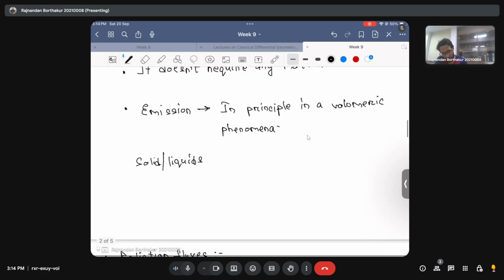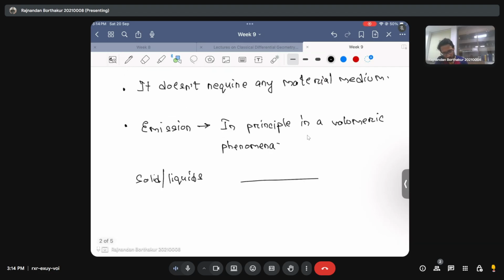Okay, but in solids and liquids, let's say we are talking about a solid of interest, the emission from the molecules which are inside the solids, the emission which takes place due to the distribution of the molecules.